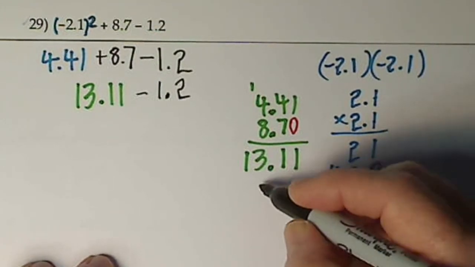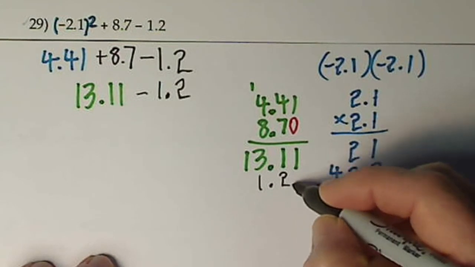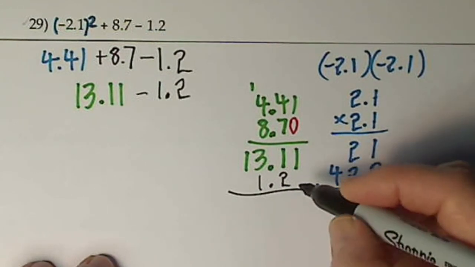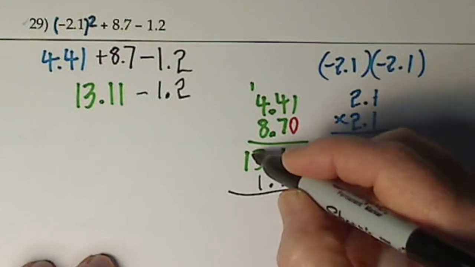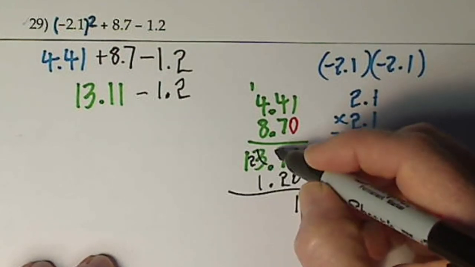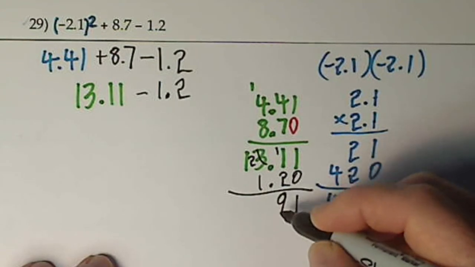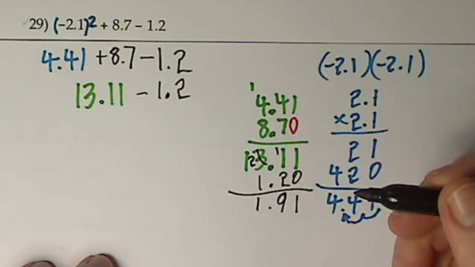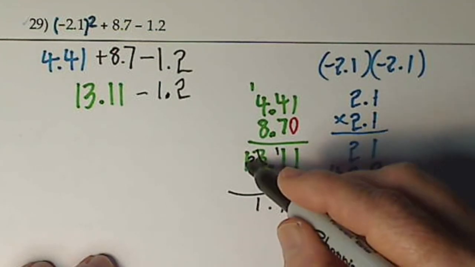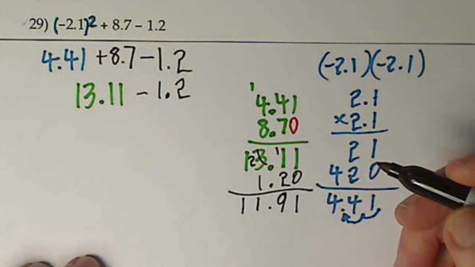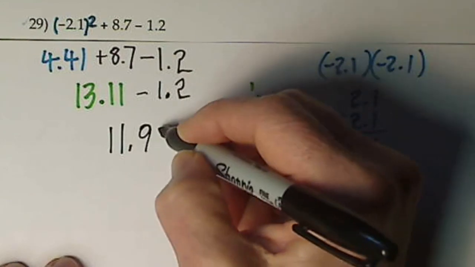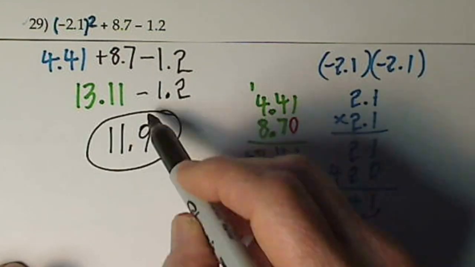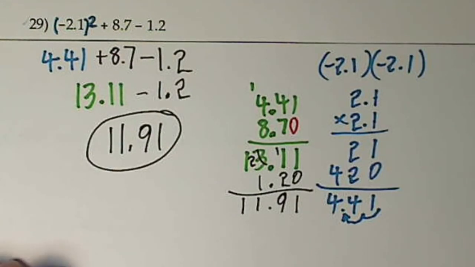I'm going to subtract 1 and 2/10. I'll put in a 0. So there's a 9. And this 1. Don't forget about it. So we have 11 and 91/100ths as our solution.